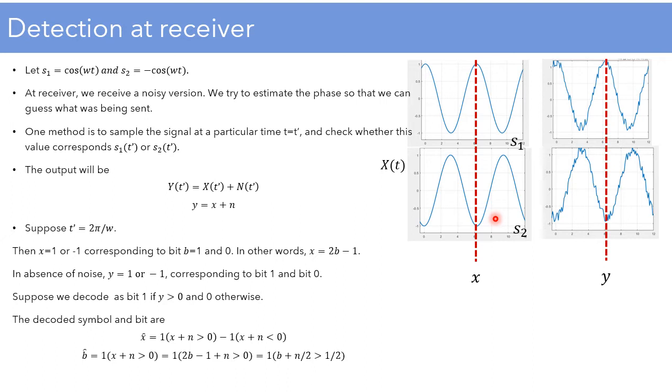Now I say close. What does this close mean? I am going to talk about it a little bit later, but it just means which signal the received signal corresponds to. For example, if I take time t dash, what I get as the received signal is y(t dash).